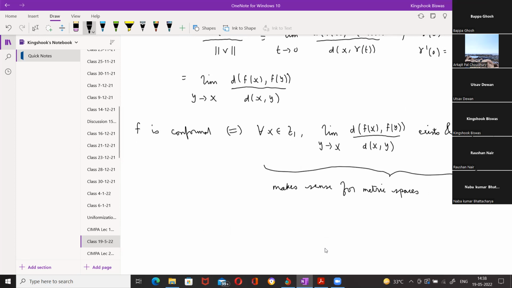Okay. So we can define what a conformal map between metric spaces is.